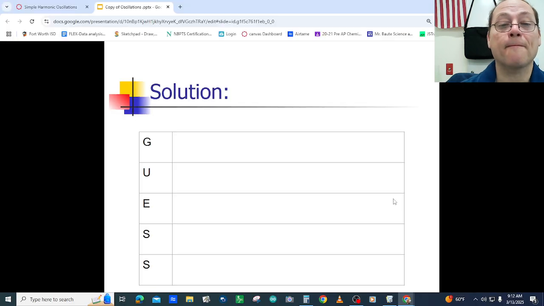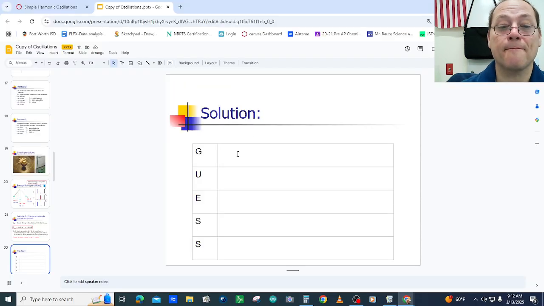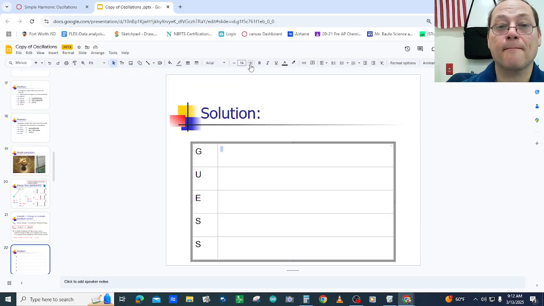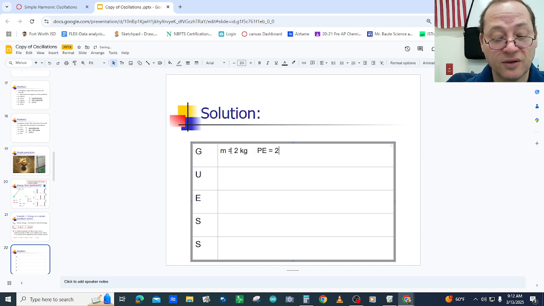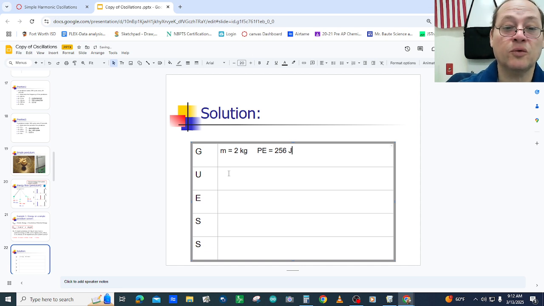Let's do that. Okay, givens. The mass is 2 kilograms. The potential energy, 256 joules. What do we need to find?